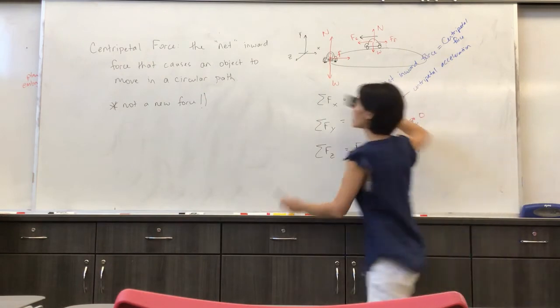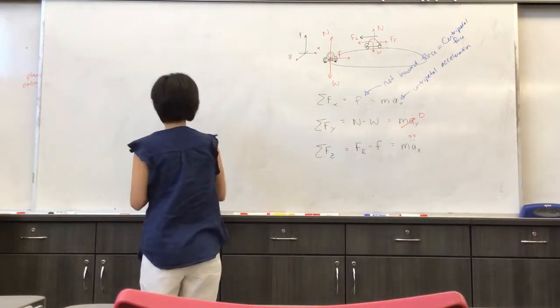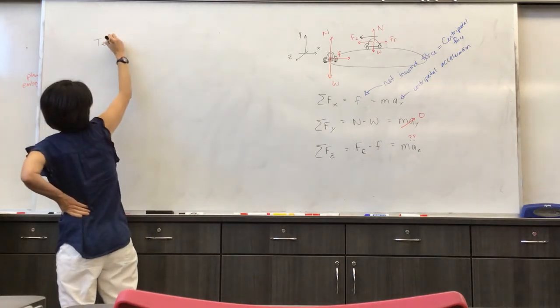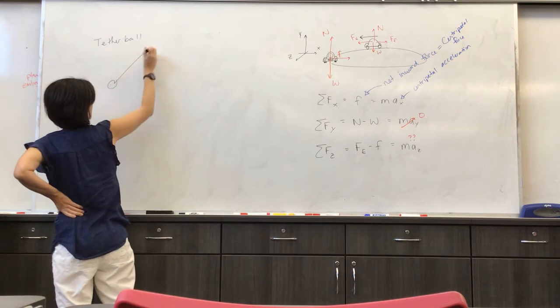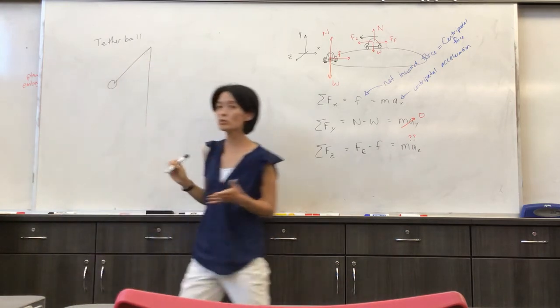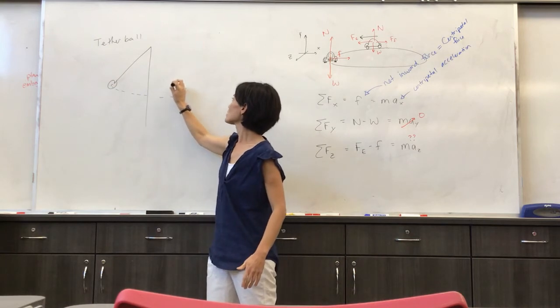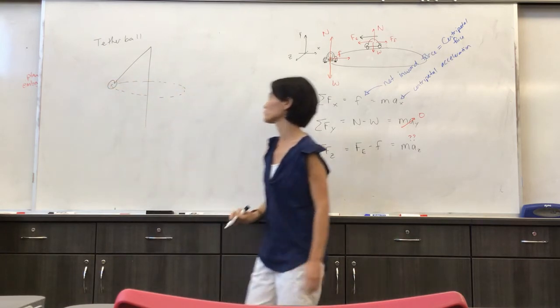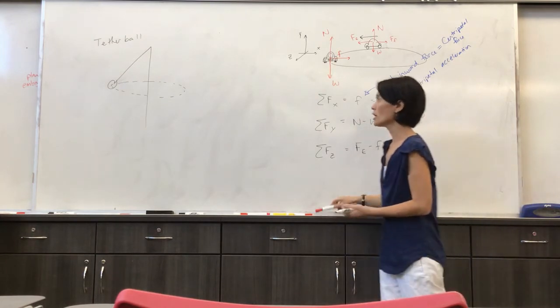Let's take it back to elementary school and look at tetherball. Okay, so we've got our visual, there's our tetherball, it swings around like this. Again, starting off with just what our forces are.